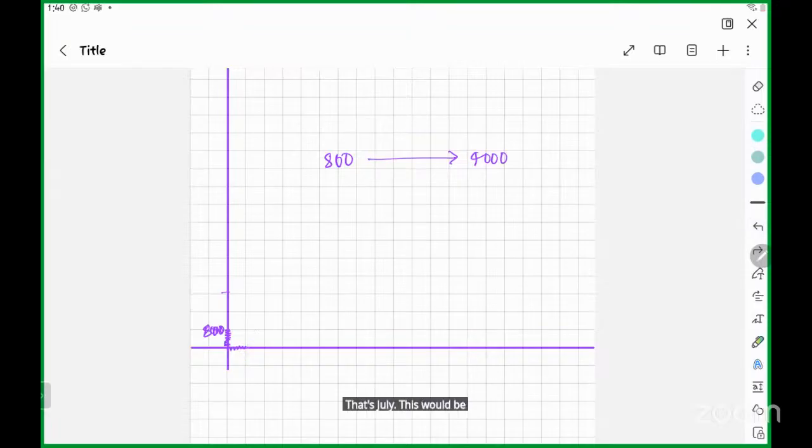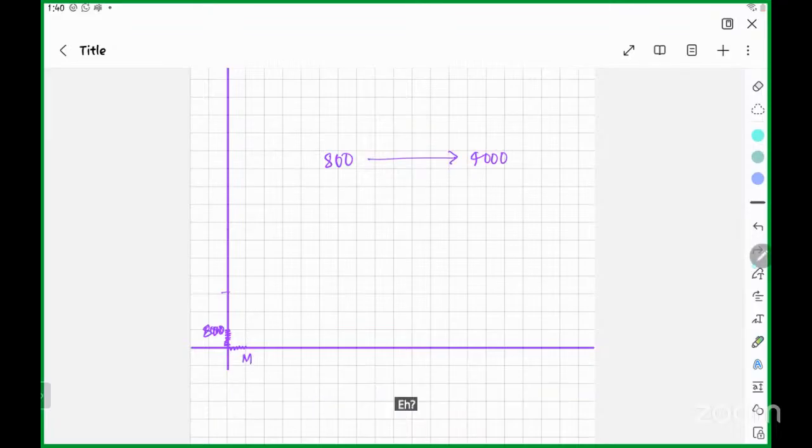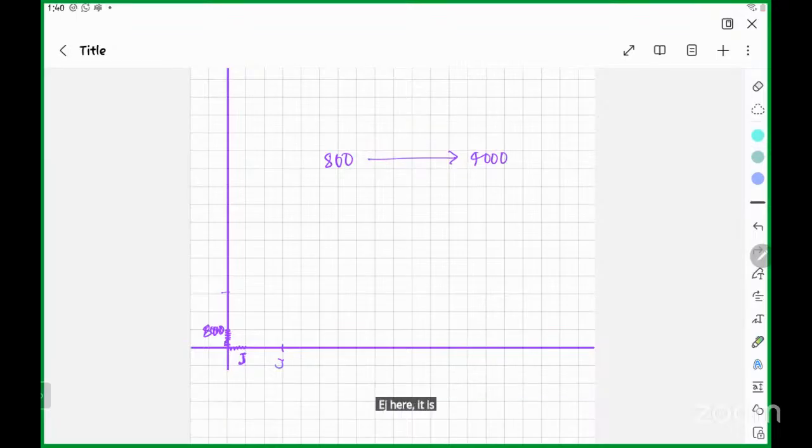This would be July. You see, the time series, where you put the period, it's where it ended. So actually here I'll put my. If it starts with July, okay, this would be June. Where the J is, June has ended. So when I write a J here, it is where June ended up to July.